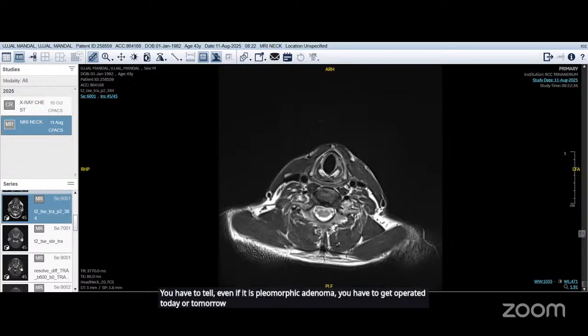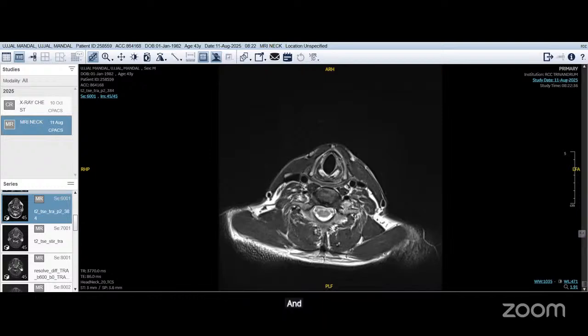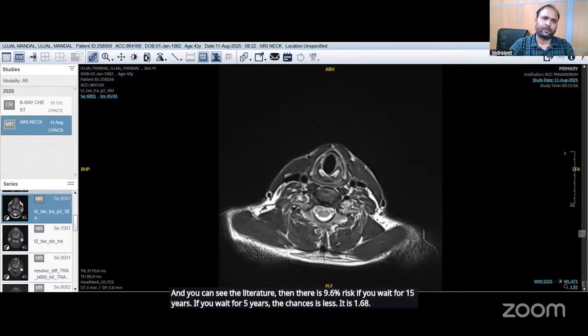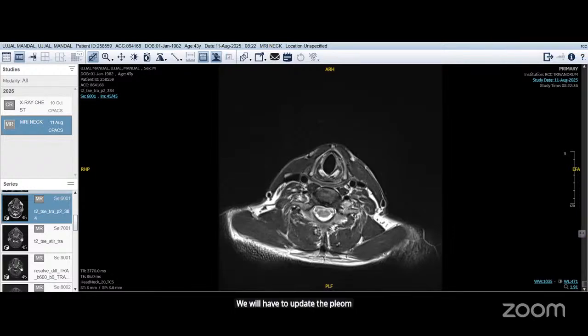Better today, because as the size increases, the complications will increase, and you don't know when it is going to convert into carcinoma ex pleomorphic adenoma. If you see the literature, there is a 9.6% risk if you wait for 15 years. If you wait for 5 years, the chance is less, about 1.6%. So you have to operate on the pleomorphic adenoma.